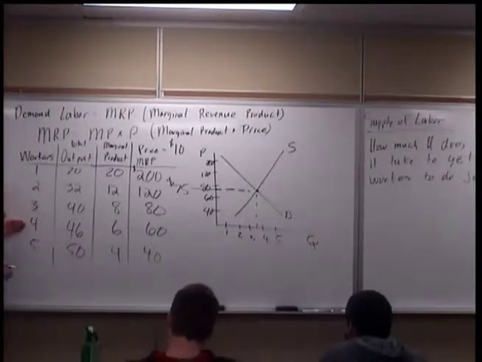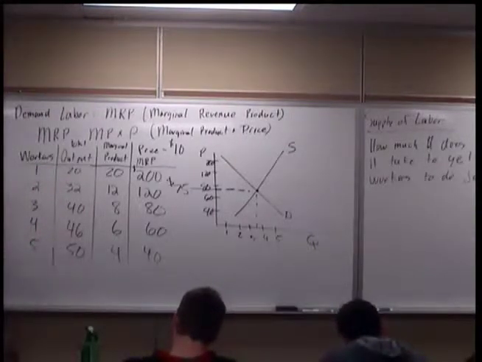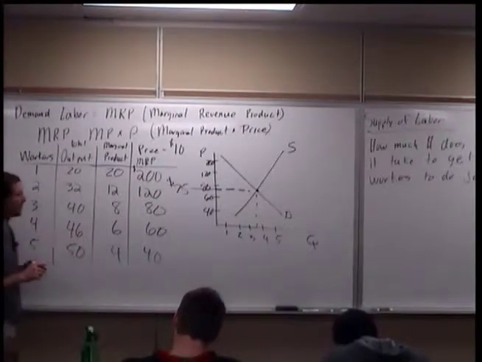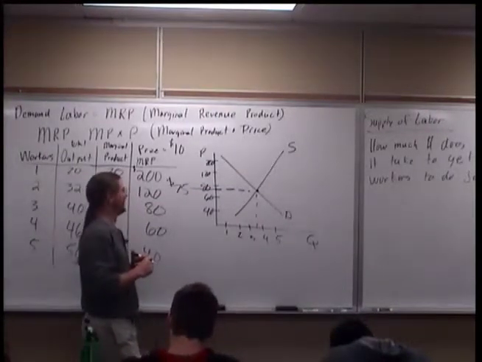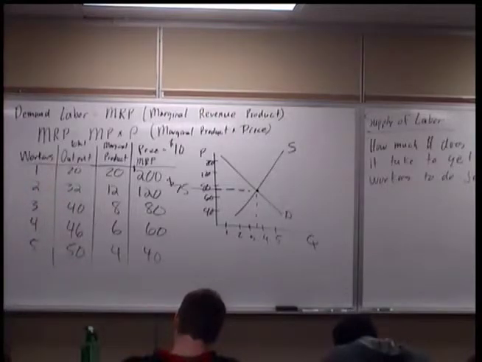Exactly. Once you get to that fourth person, you're losing money, and the business will say, sorry, number 4, you're out the door. All right? It would be nice if you could find a half a person, but let's not go down that road, though.